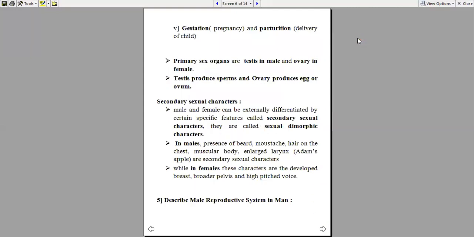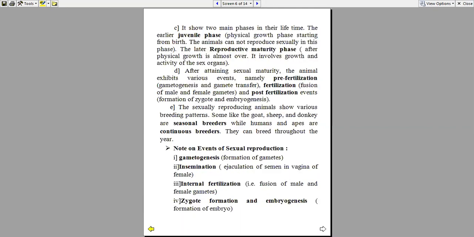Your point number three: it shows two main phases in the lifetime. The earlier is the juvenile phase.